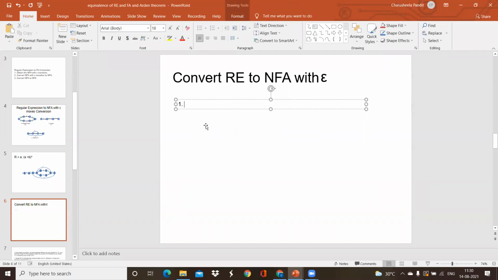Okay, so the first regular expression you take: A star plus B star.